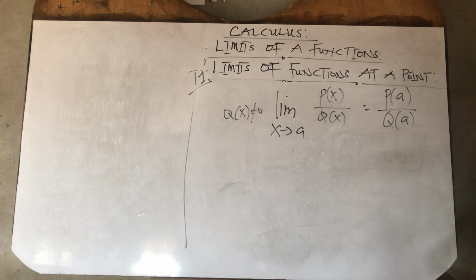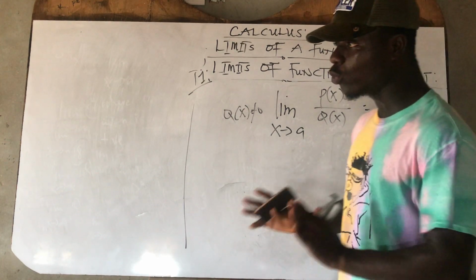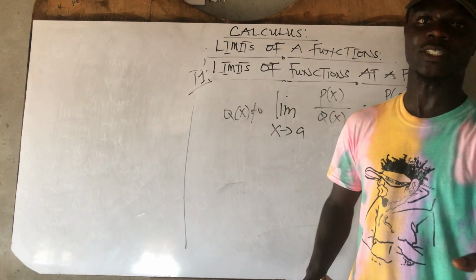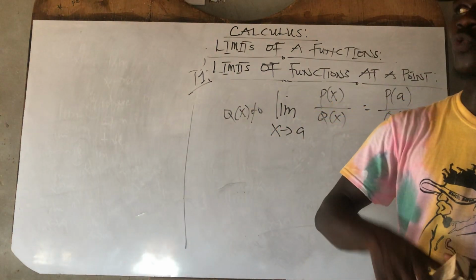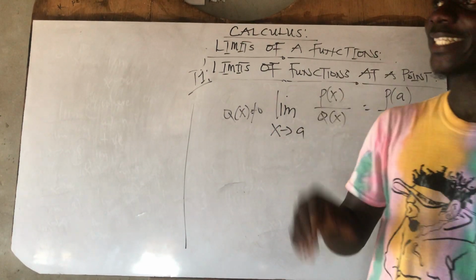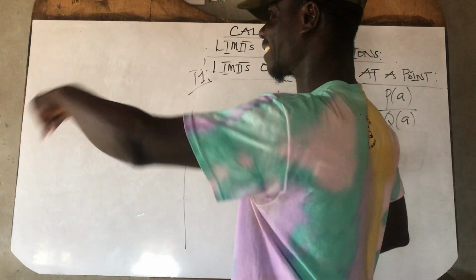So we are starting with examples. With this type 1, we are only doing direct substitution. But for type 2, that's where we don't do direct substitution.